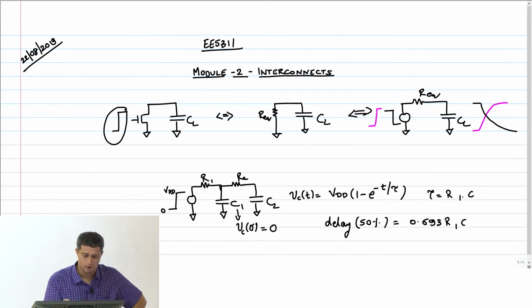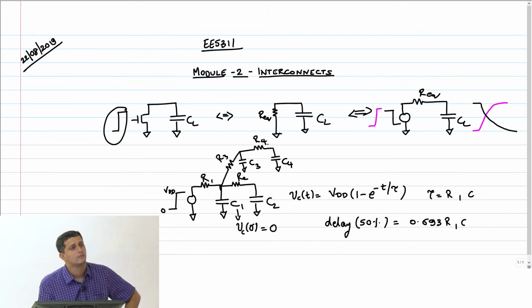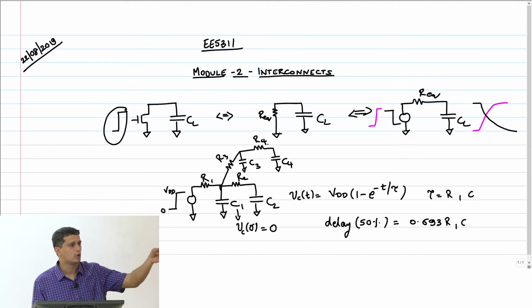The problem becomes even more interesting if I have another wing like this, where I have R3 and then C3. Then I can put one more, C4, R4.